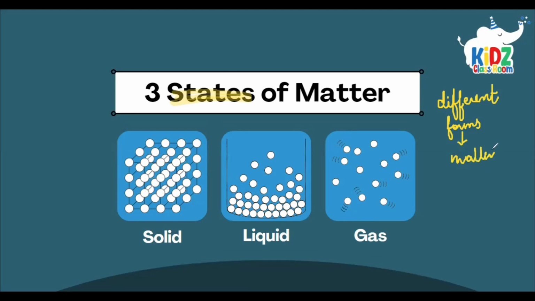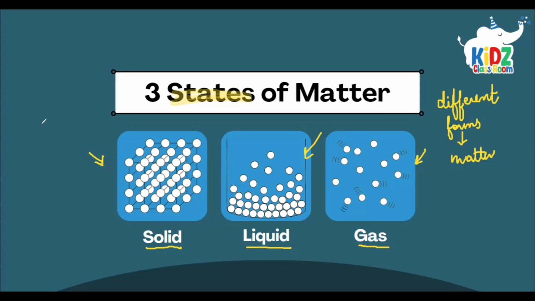We have three primary states: solid, liquid, and gas. These appearances are called states. So matter has three different forms: solid, liquid, and gas.